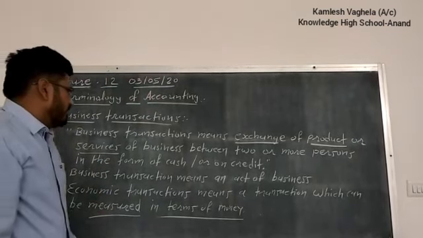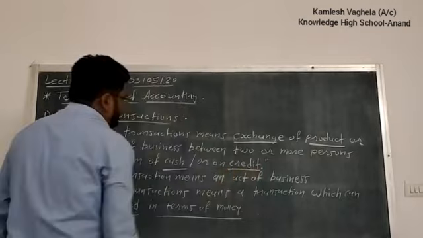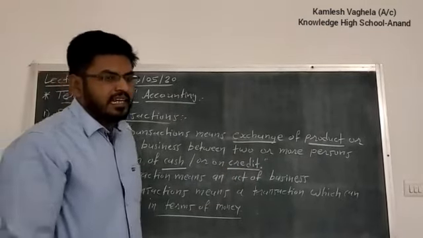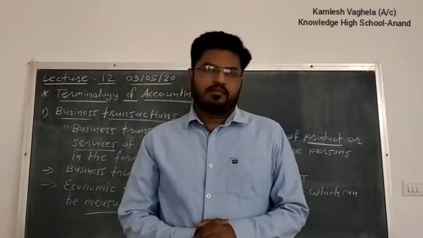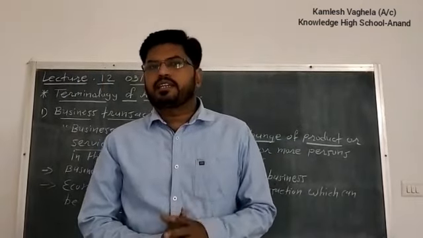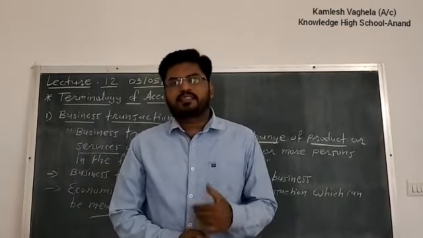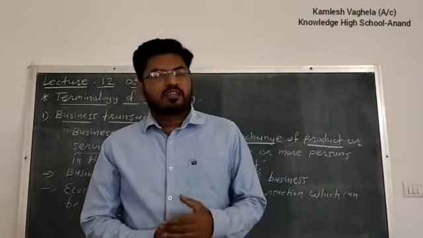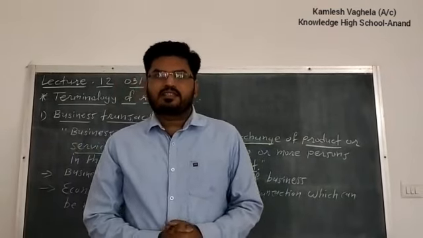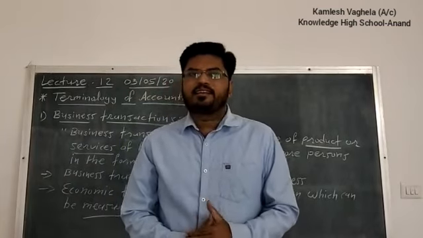Now here there are two types of business transaction: cash and credit. What is cash transaction? For example, purchase of goods in cash. In this transaction we have purchased the goods against cash. It means we pay cash immediately. So whenever in any transaction we pay cash or receive cash immediately, that is a cash transaction.